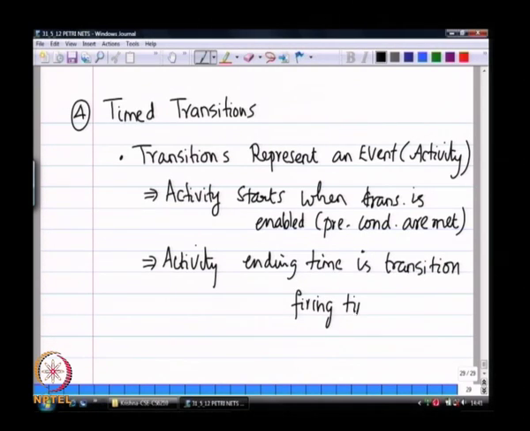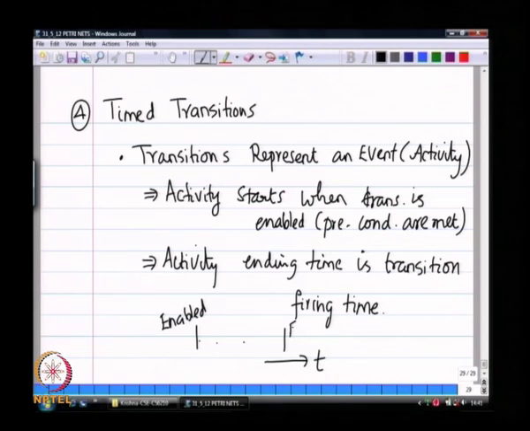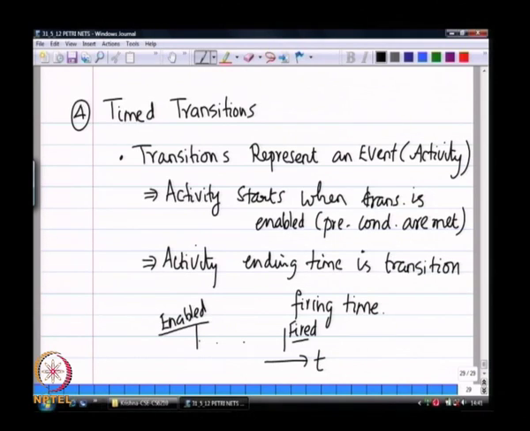So there is a gap between enabling the transition and firing the transition, okay. That is what this is. So this is time, this is the enabling of the transition, and then the transition is now fired. So that has to come into the picture, okay.